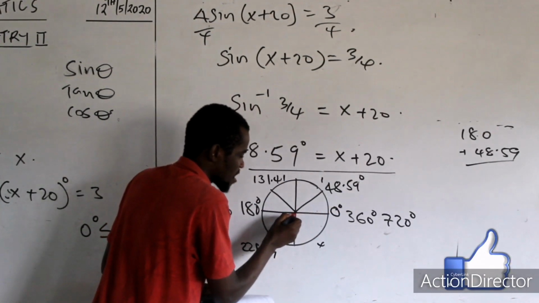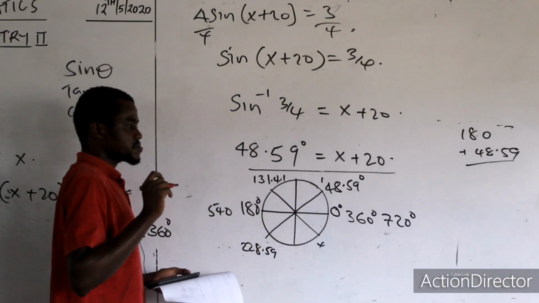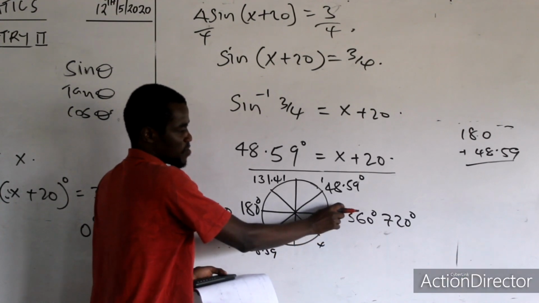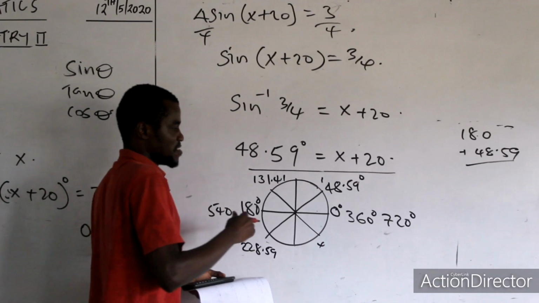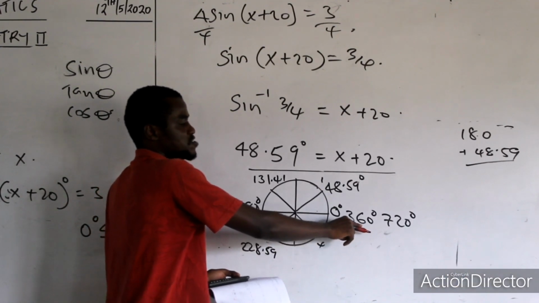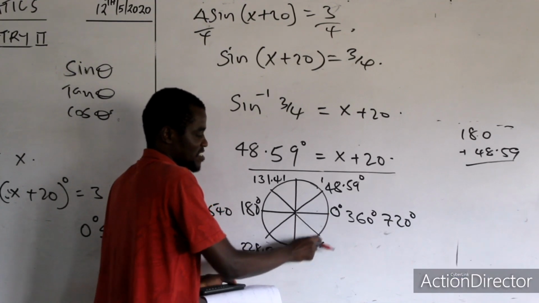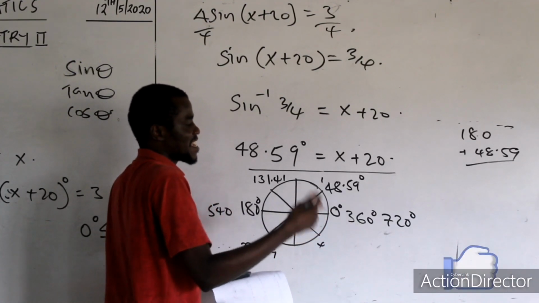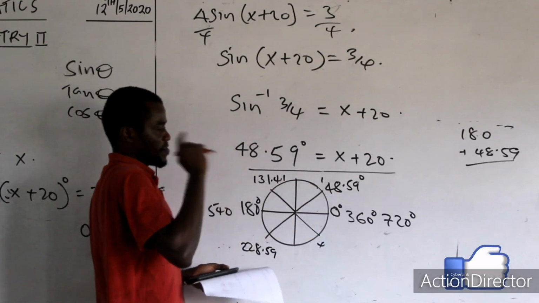Then the same value of sine 48.59 in the fourth quadrant. So we are actually near the completion of the first rotation. For us to complete, we should reach 360. But up to this point, that angle has not reached 360. It means it is less than 360 by 48.59.